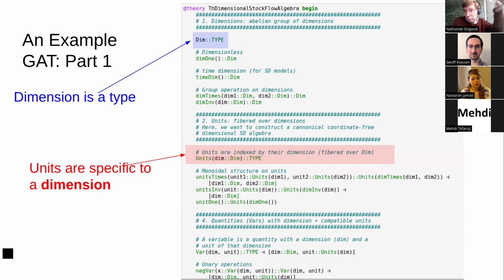So it'd be per day, will be the unit, right? And then there's a unit dimension of the dimensionless.